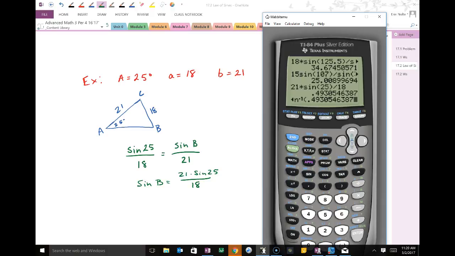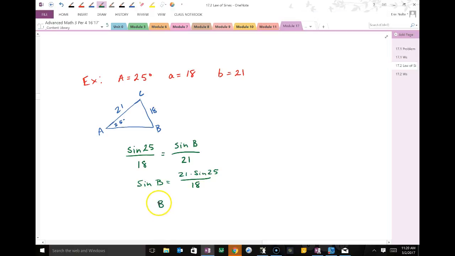If you use that arrow, you'll get an exact answer. So we should use 29.5 for that degree. Everybody okay with that? So 29.5 degrees.